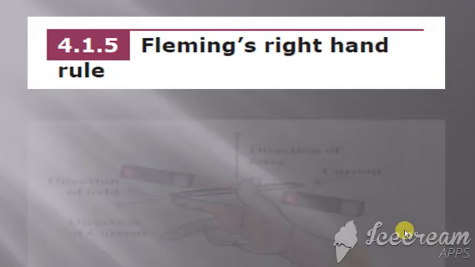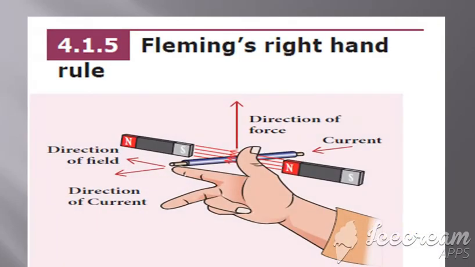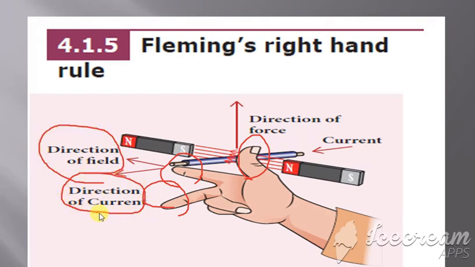Clear? Next we have Fleming's right hand rule. This diagram, which you have already seen in Fleming's left hand rule, is it not? We have to stretch the thumb, forefinger and the middle finger. This diagram is given for the left hand, because here the forefinger points in the direction of field, the middle finger points in the direction of current and the thumb points in the direction of force.